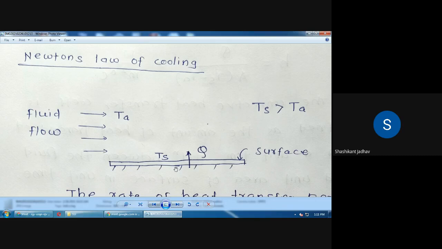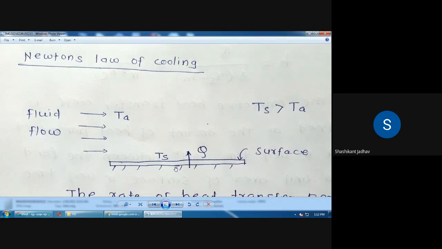The molecules that come near the surface gain energy, and because of that their density is reduced. Then those molecules move in the forward direction. Then again some molecules come to the surface and gain energy, and change their location from one point to another. In this way heat transfer takes place. That is nothing but convection.